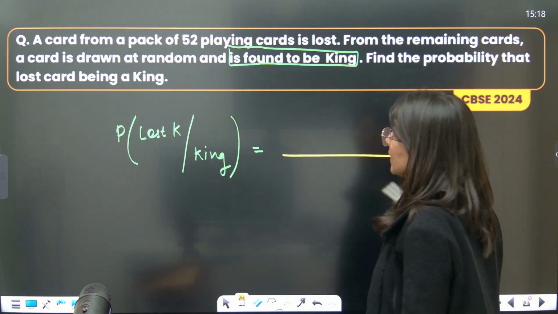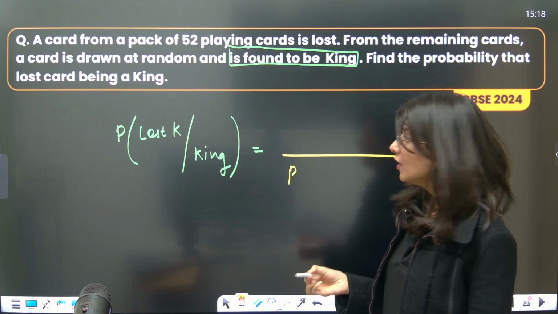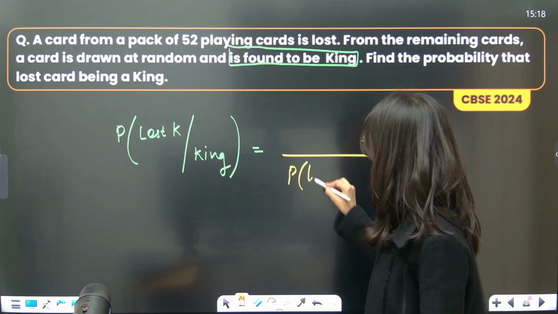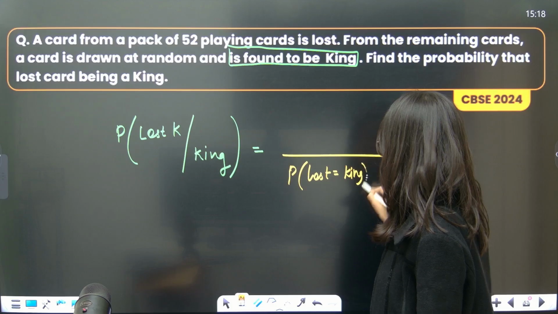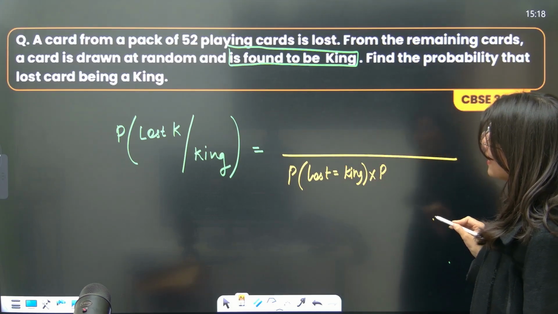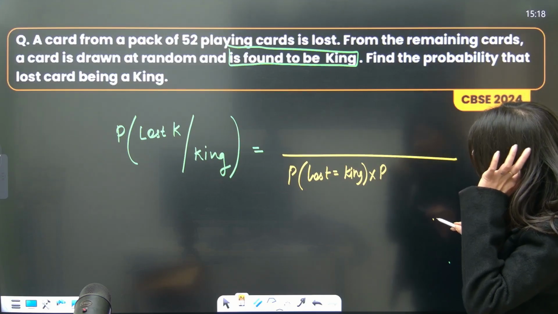Now the denominator: probability that the lost card is a king, multiplied by the probability that the card drawn is a king.